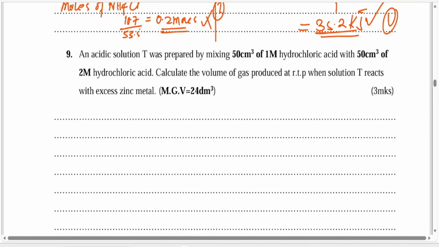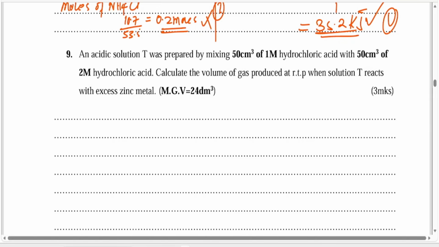So we are looking at calculating the volume. So we have preparation of the acid. An acidic solution T was prepared by mixing 50 cubic centimeters of 1 molar hydrochloric acid with 50 of 2 molar hydrochloric acid. So we calculate the volume of the gas produced.